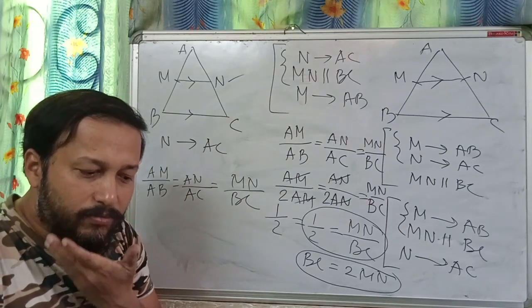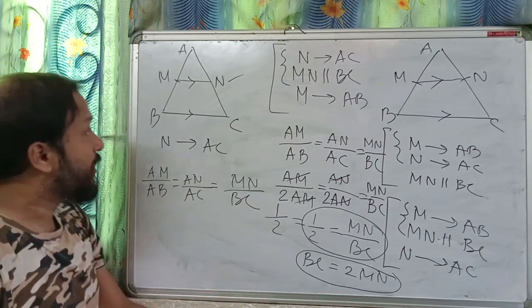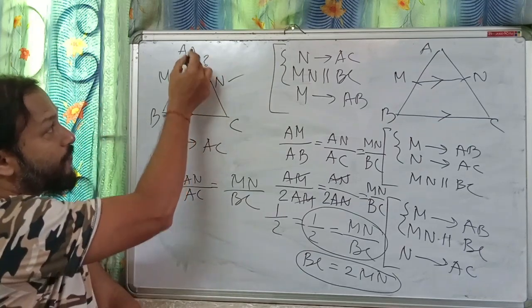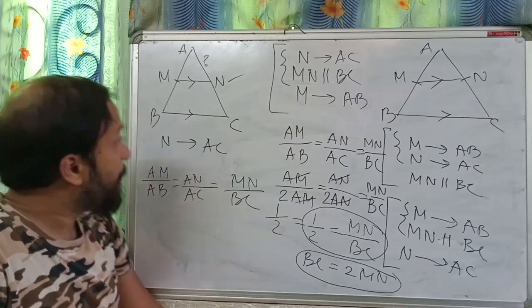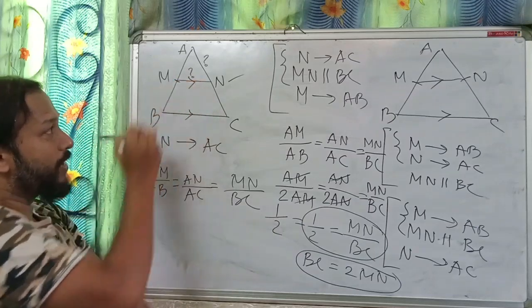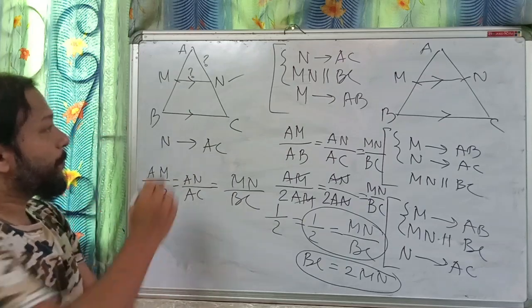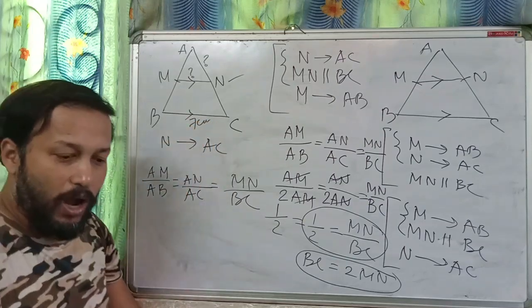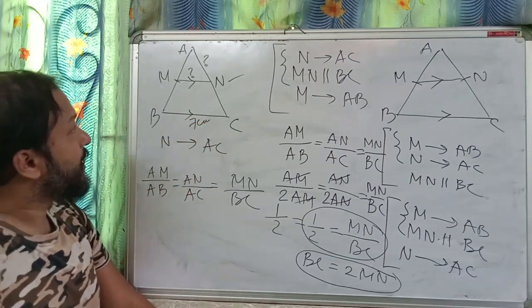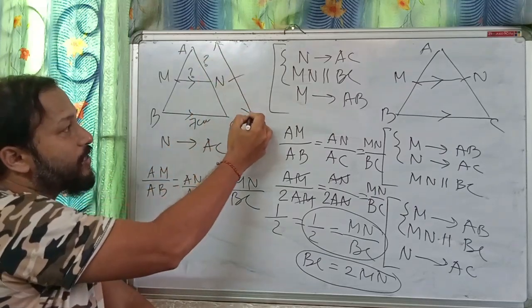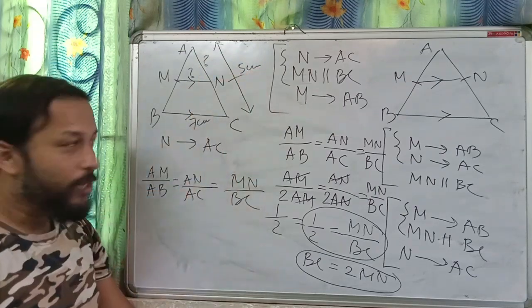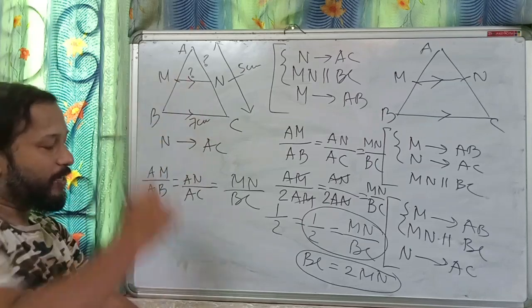Find the length of AN and MN. AN we have to find, and MN we also have to find. And BC is 7 centimeter, and AC, the complete one, is 5 centimeter.